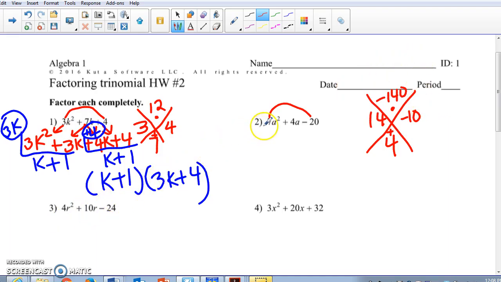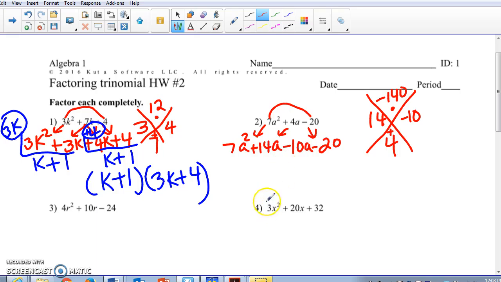Then we bring down the first term and the last term, and we break the 4a into 14a and negative 10a. So positive 14a minus 10a.